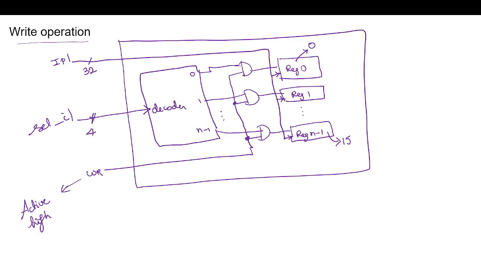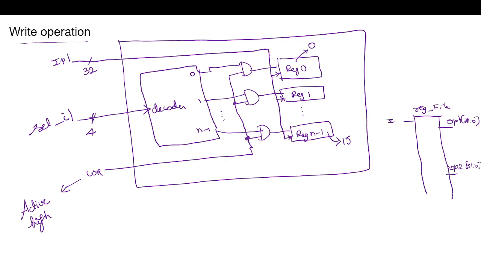So now coming to the Verilog code. Before the Verilog code, let us draw the block. The register file will have two outputs: output 1, 31 down to 0, and output 2, 31 down to 0.